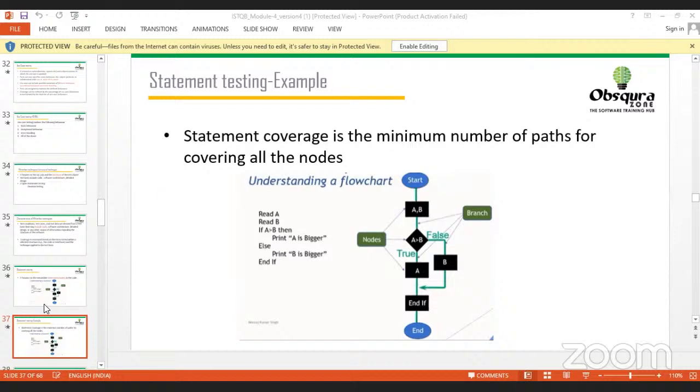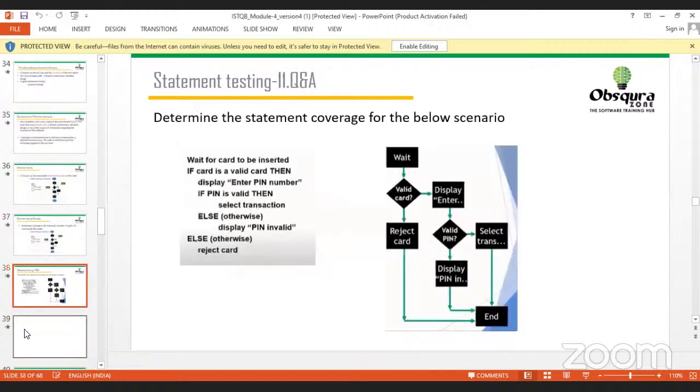Now we'll move on to the next question. Determine the statement coverage for the below scenario. It should be the minimum number of paths. If in a single path you can cover all the nodes, the answer can be 1. If it requires more paths, then it should be more. So you can work on this question.